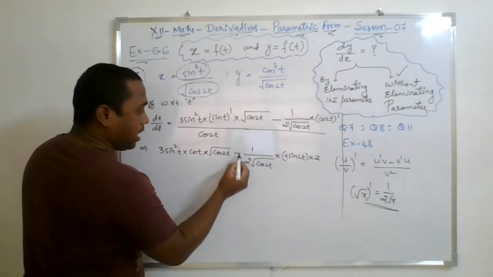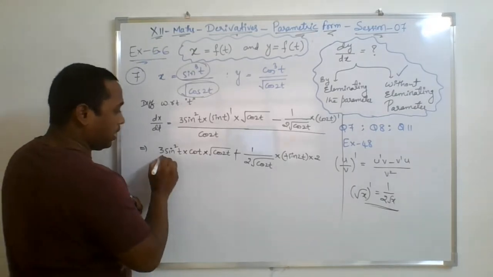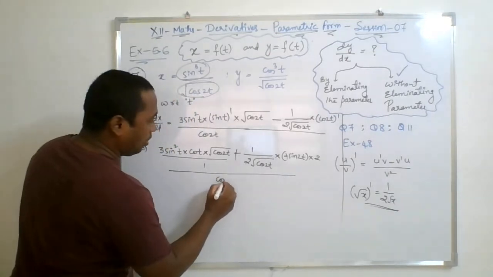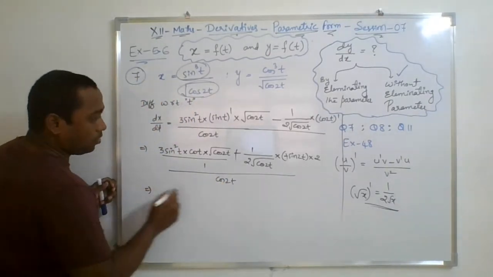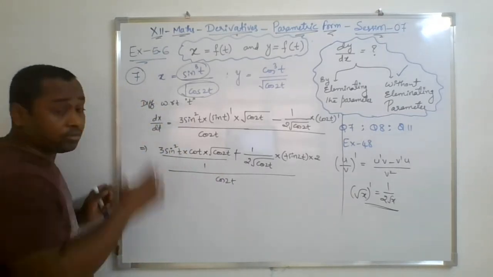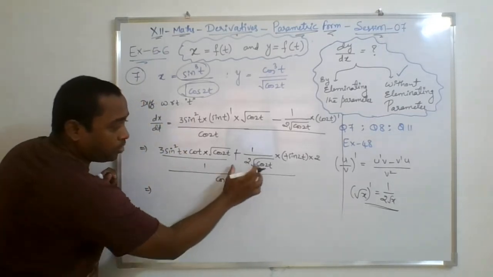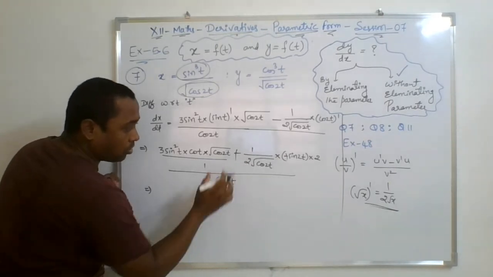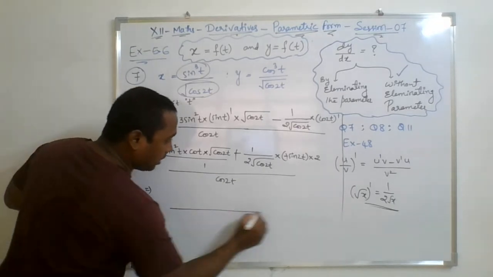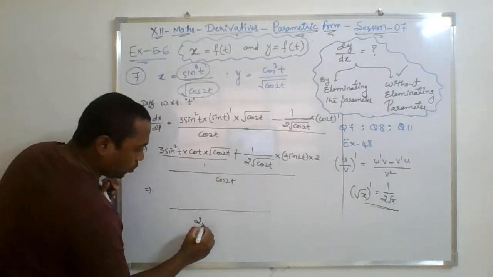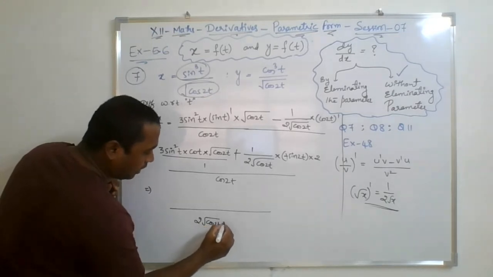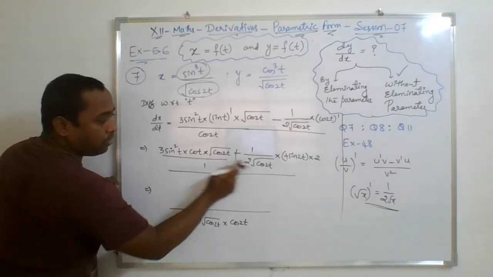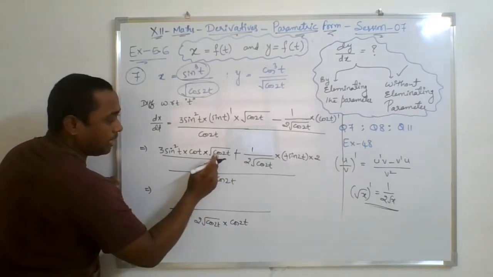Then this minus and minus become plus, and upon 1 also, and upon what we have, cos 2t. So you can take the LCM to simplify this factor. So the LCM would be 2 into under root cos 2t, and that factor becomes the denominator after the LCM. So 2 root cos 2t into cos 2t, and after the LCM this will be multiplied and the square root is eliminated.